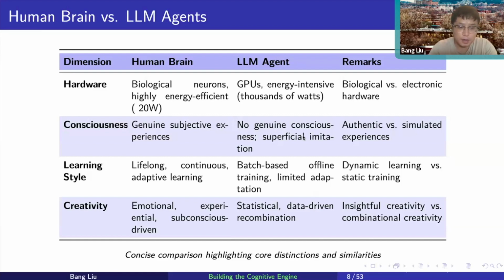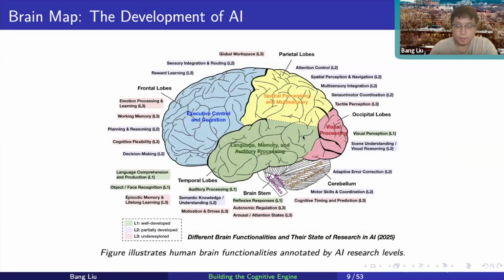For learning style, our brain is naturally strong in lifelong learning, few-shot learning, continuous learning, and so on. Relatively, LLMs are not so strong in this. And for creativity, I think we're still more creative, and we are also socially and emotionally grounded, which is different for LLMs and neural networks.